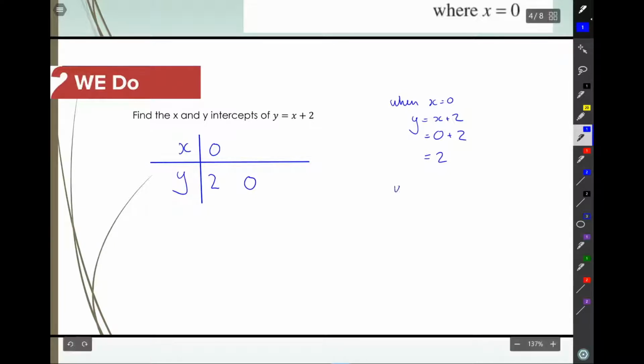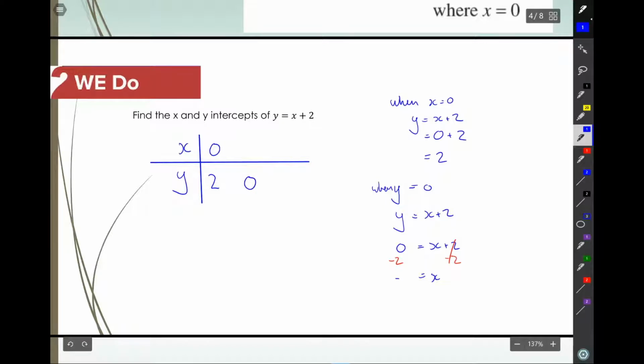And then when y equals 0, we've got y equals x plus 2, so 0 equals x plus 2. Now we need to get the x by itself. Remember, back to equations, we do the opposite operation to get the x by itself.